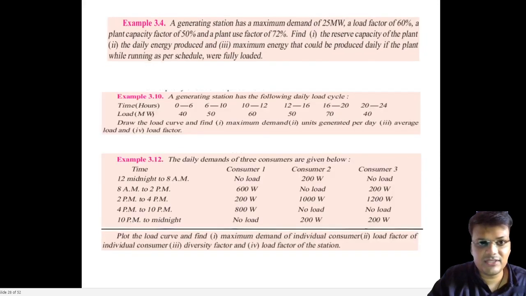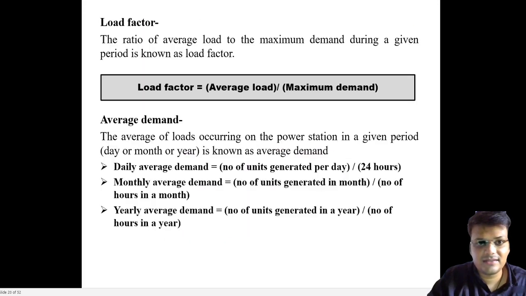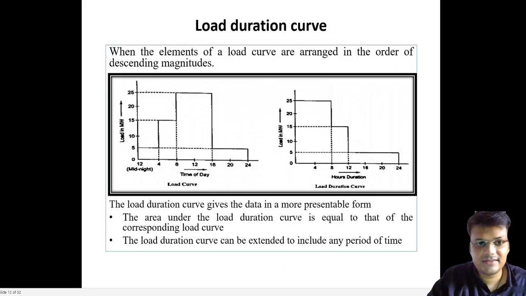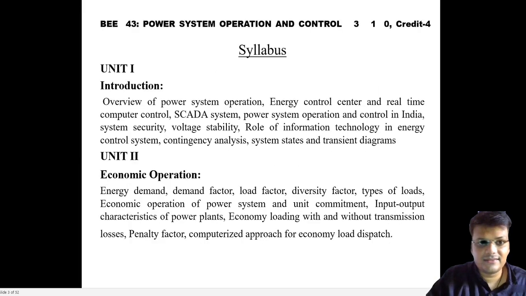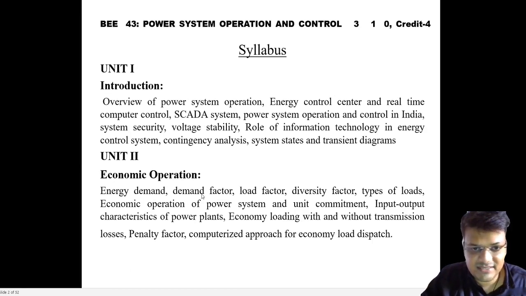Now moving to the summary, look at what we have studied today. After looking at these terms, you are now familiar with the energy demand, energy generated, demand factor, load factor, diversity factor, the types of load, why economic operation is studied in power systems, and the input-output characteristic of a power plant.